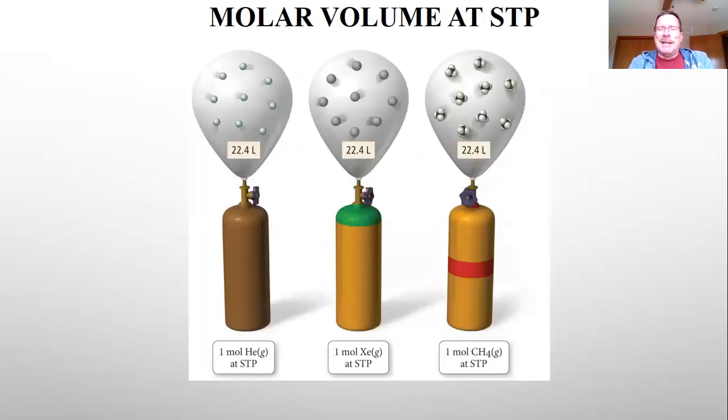Okay. And this is just a picture before we get to R to show what that means about standard temperature and pressure and what Avogadro said and found the moles. You notice that you have 1 mole of 3 different gases here. They are at standard temperature, 273 Kelvin. They are at standard pressure, 1 atmosphere. And they always occupy 22.4 liters.